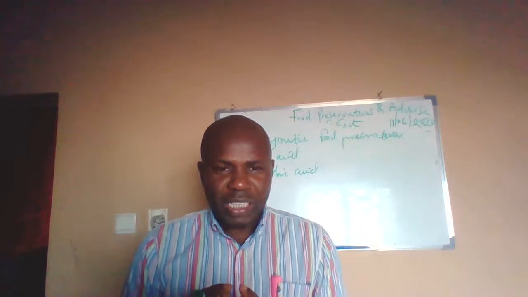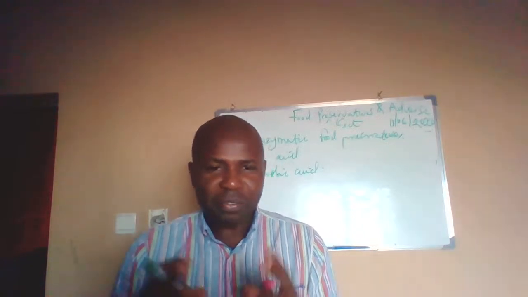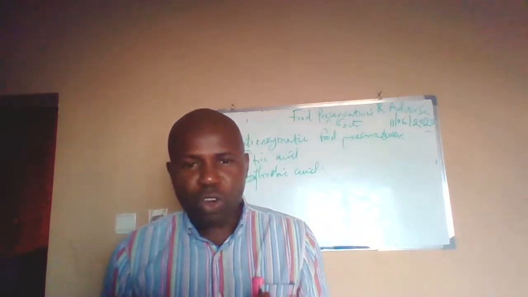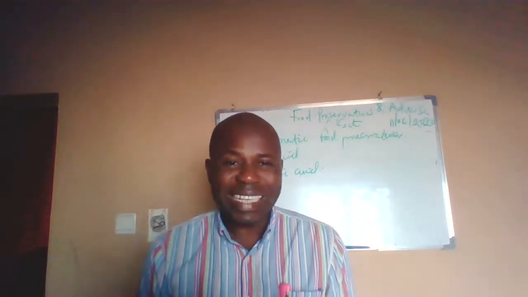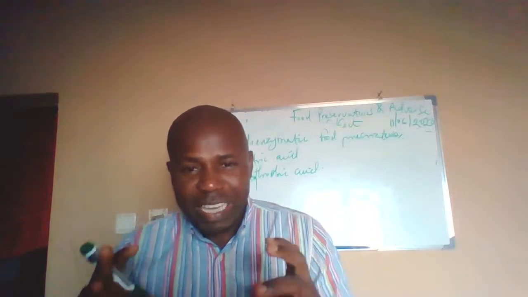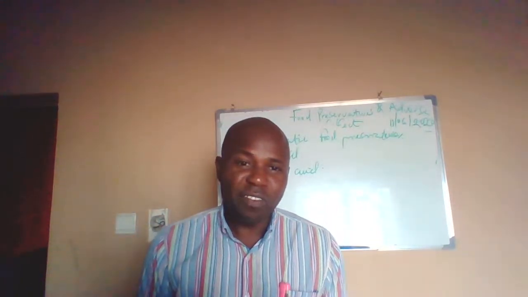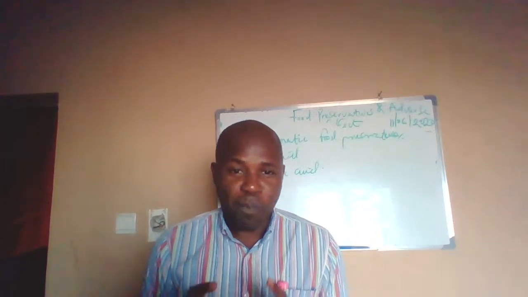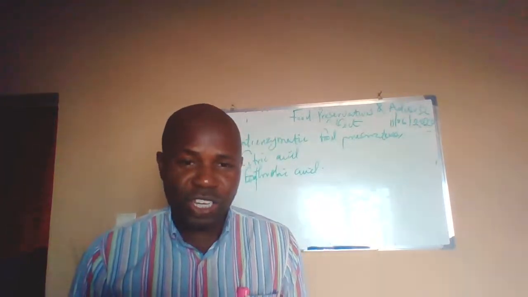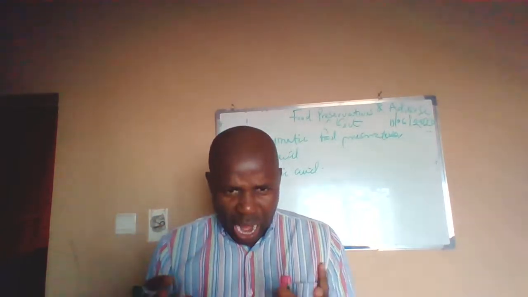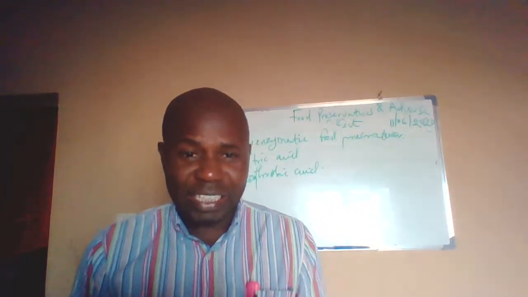So let's go over the antimicrobial food preservatives. They basically inhibit or reduce the growth of bacteria, molds, and fungi in our food substances, and that is one of the reasons they are added.